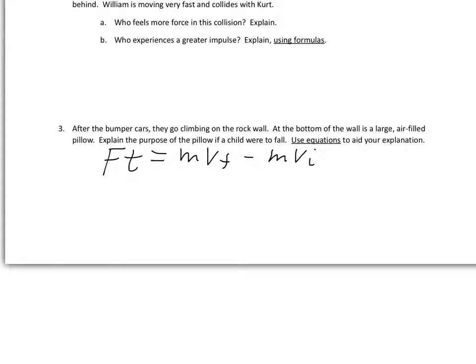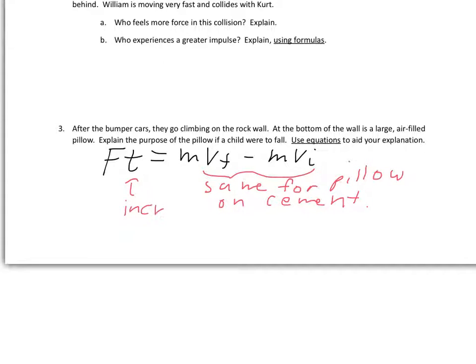Now here's the thing, whether you have concrete or a pillow, this is the same. This is the same for pillow or cement. And of course we don't want a kid falling on cement. So here's actually what happens. The pillow increases time and the force actually decreases.